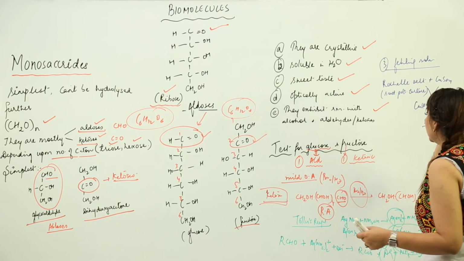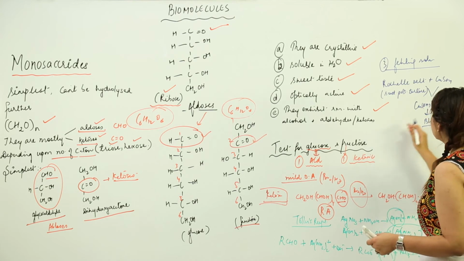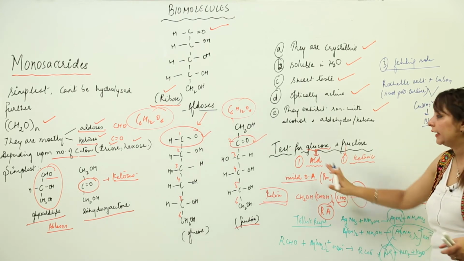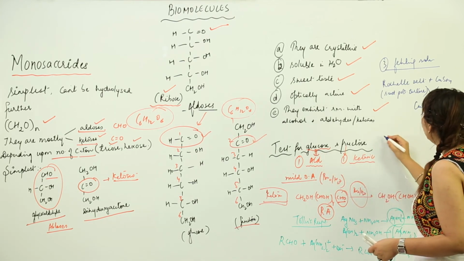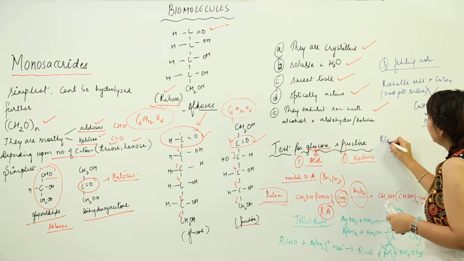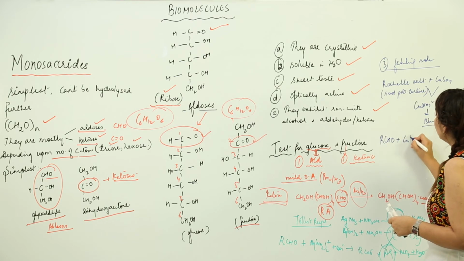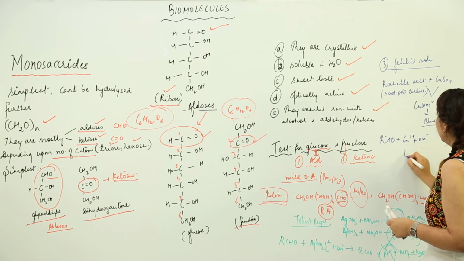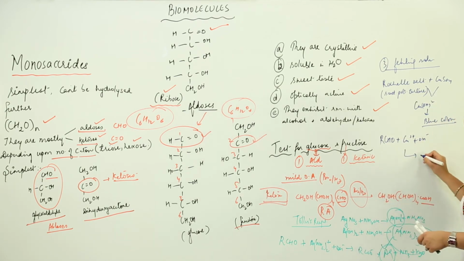Then we take a test tube and add this Fehling solution and glucose into it, and what do we observe, what kind of reaction takes place? The reaction takes place like this: we have glucose, copper ions here, hydroxide ions here, I am writing in ionic form. It forms a carboxylic acid, copper oxide and water.